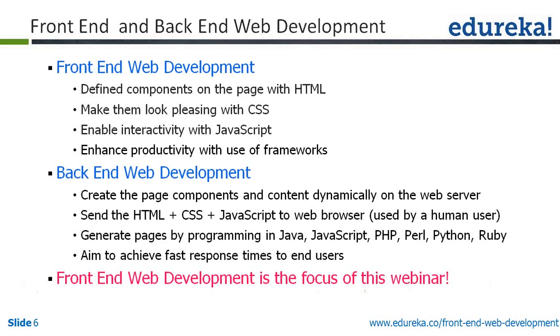Note that each user should be presented with a different HTML page, whereas CSS and JavaScript will remain the same for all these three users. So what elements need to be served to the different users is what you dynamically create by writing scripts in backend scripting languages like PHP, Perl, Python, and so on.